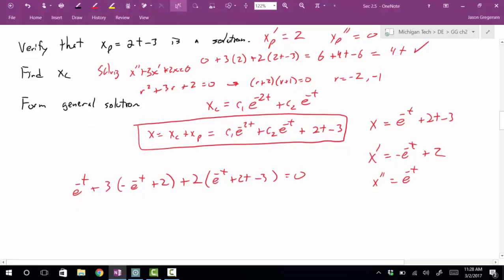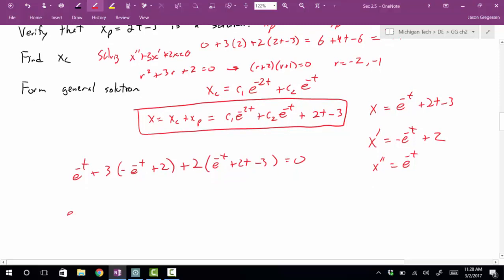Now I could just expand this and show that it works. But what I'm going to do instead is rearrange it in a special way. I'm going to say e to the -t minus 3 e to the -t, that's this piece, plus 2 e to the -t, that's this piece. Those are all the pieces associated with this extra part.